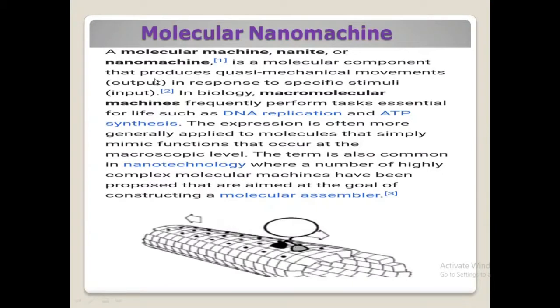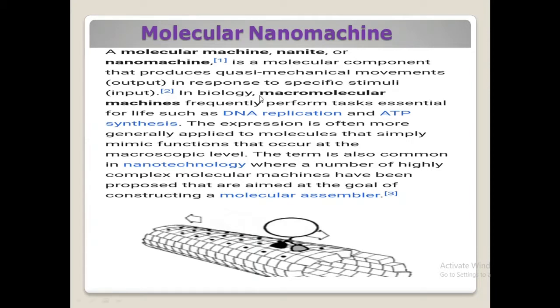A molecular machine, called a nanite or simply nanomachine, is a molecular component that produces quasi-mechanical movements, that is input-output movements, in response to specific stimuli. That is, if you give some stimuli, it will start moving.